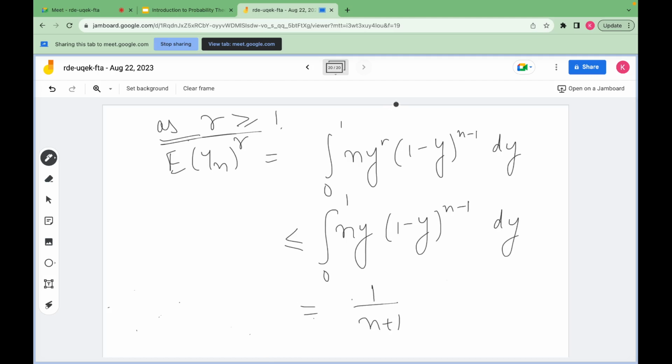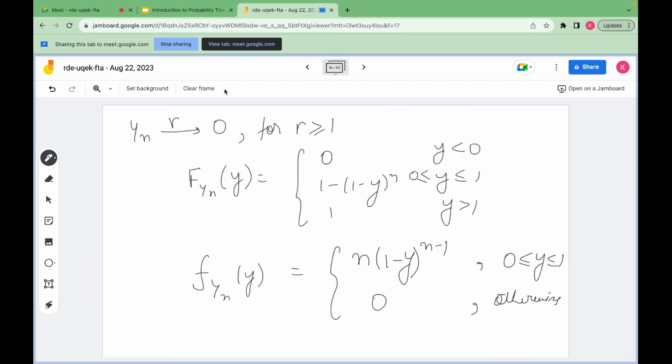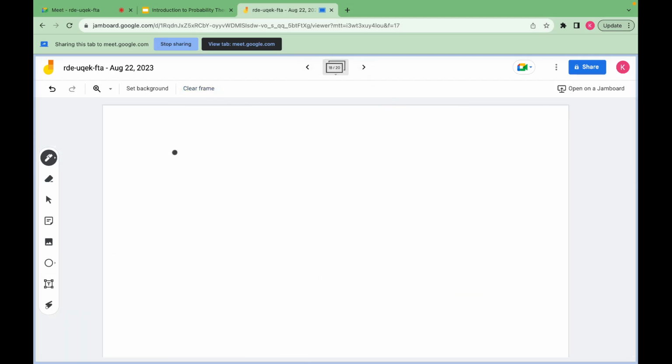So the expectation of Yn to the rth moment is less than or equal to 1 upon n plus 1.